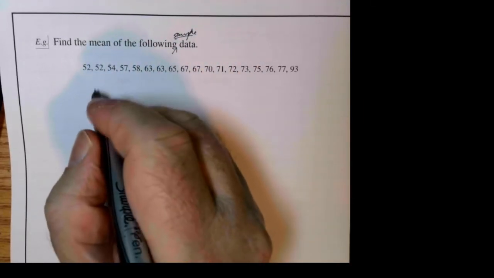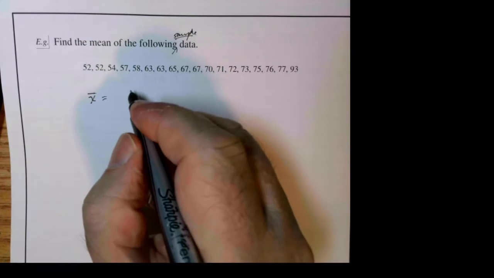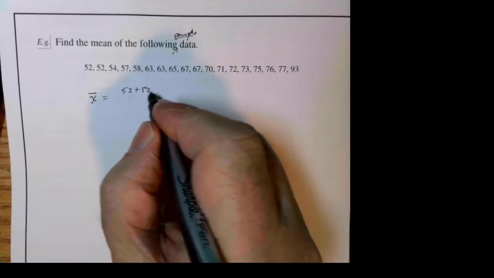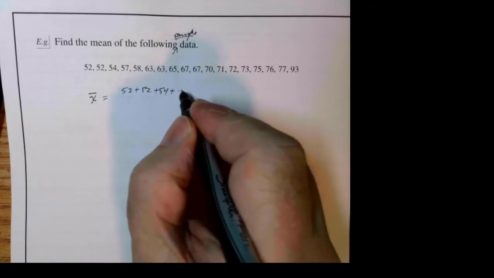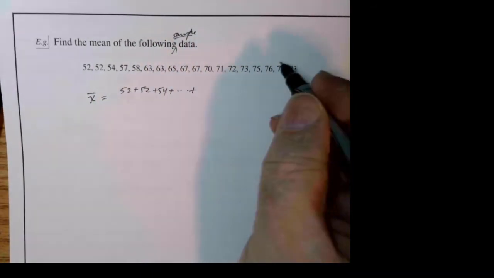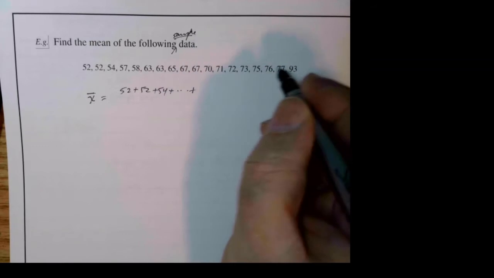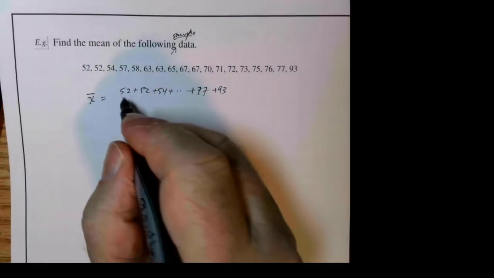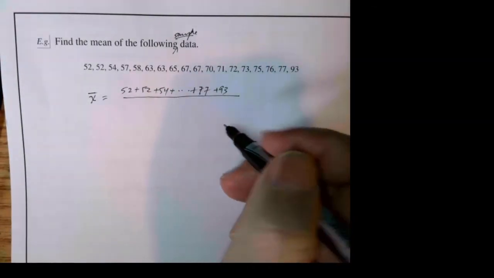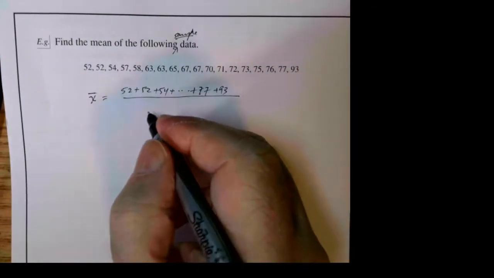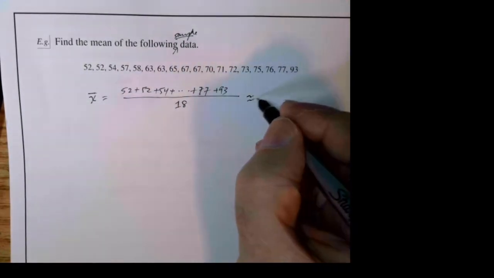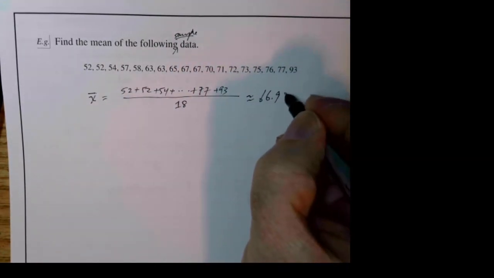Now, all this would be then x bar. And that would be, well, you'd add all these up. 52 plus 52 plus 54 plus, etc. I'm not going to write them all out. Plus, and then you'd get down to the end and you'd write plus 77 plus 93, and you would divide by 18 because there are 18 data points, and that would turn out to be about 66.94.